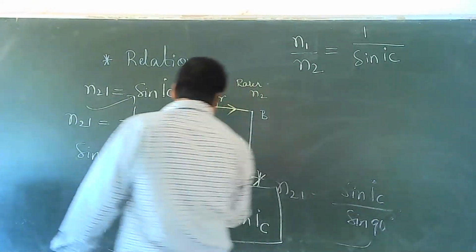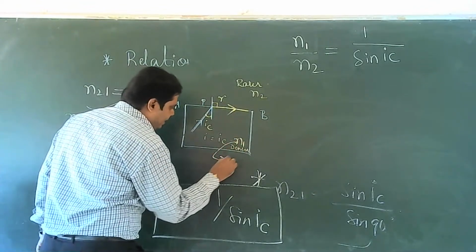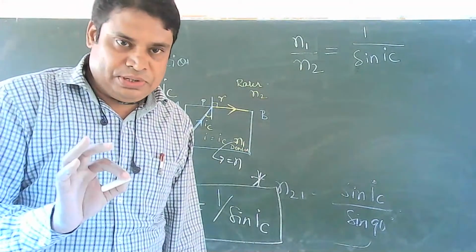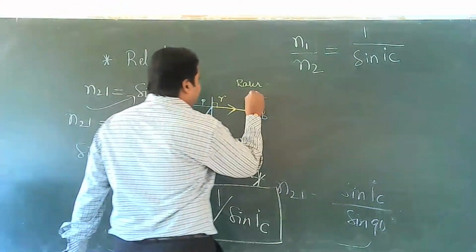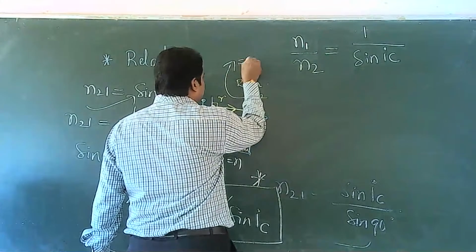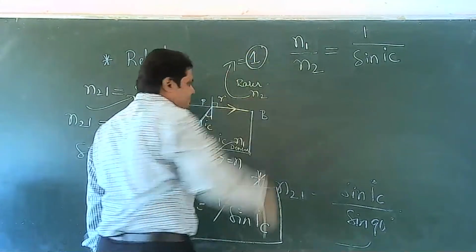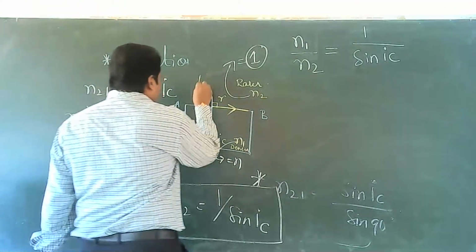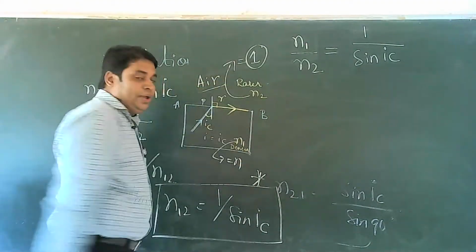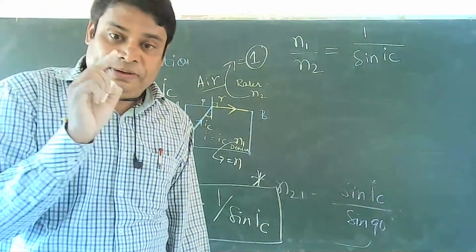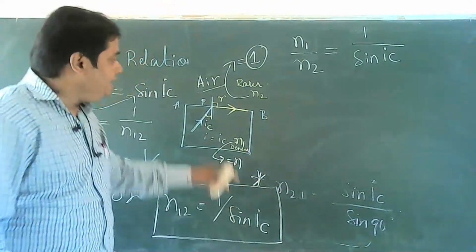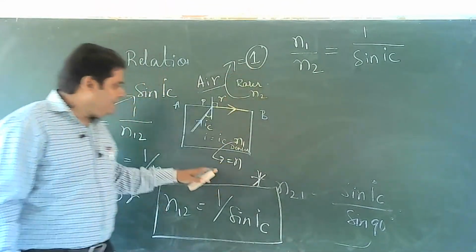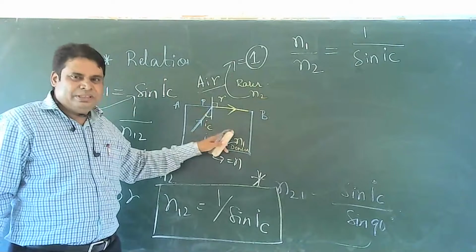If refractive index of the denser medium is equal to N, and the refractive index of air medium is always 1, then there is no need to put it as N1, N2.